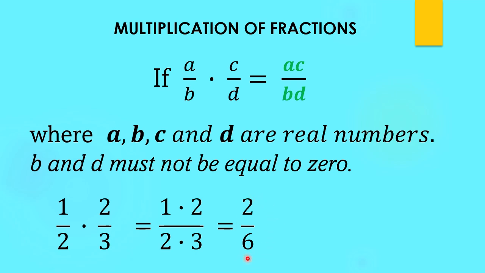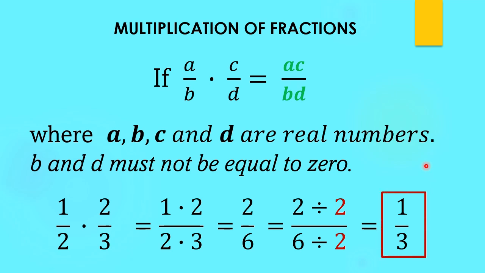Let us simplify this fraction if possible. To simplify, divide both numerator and denominator by the common factor. The GCF of 2 and 6 is 2. So 2 divided by 2 is 1, and 6 divided by 2 is 3. So the final answer is 1/3.